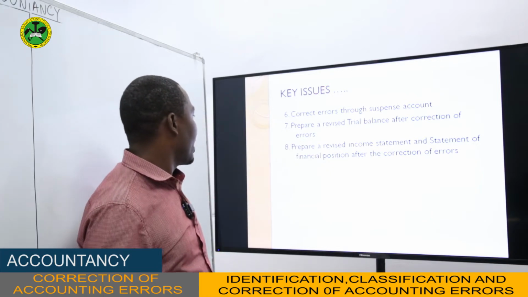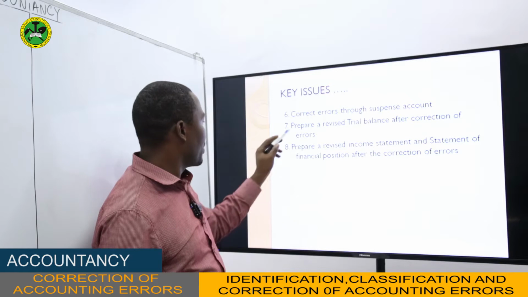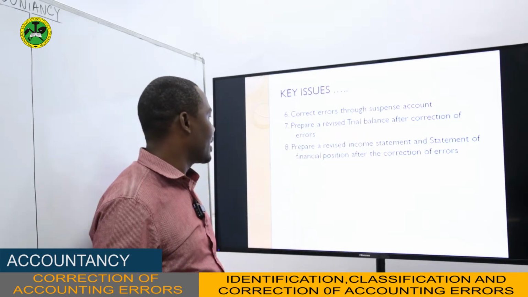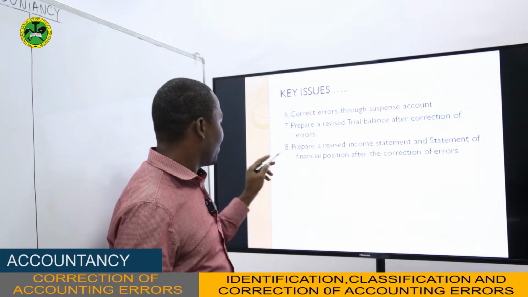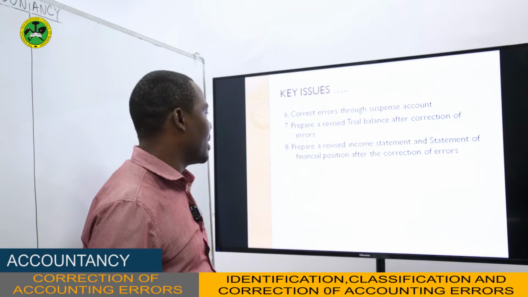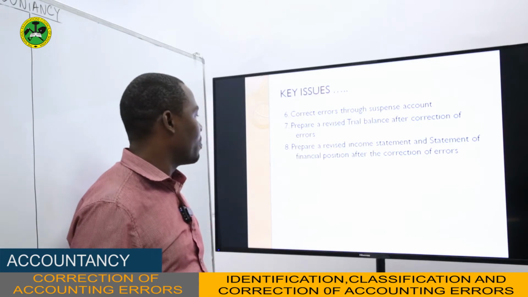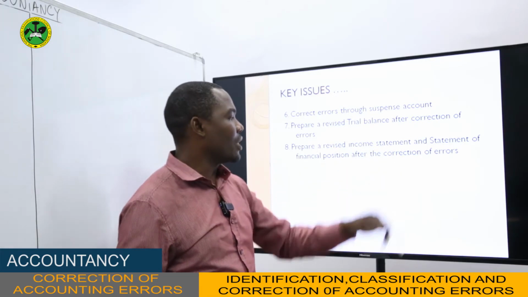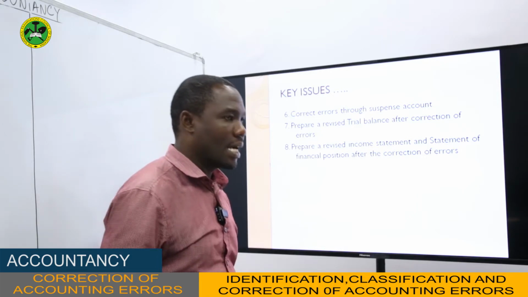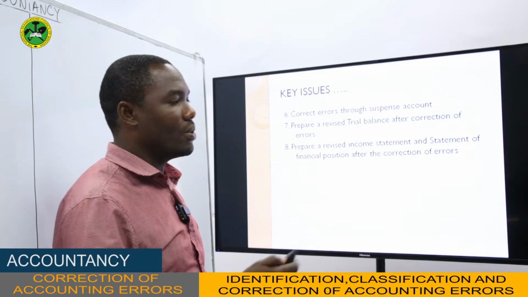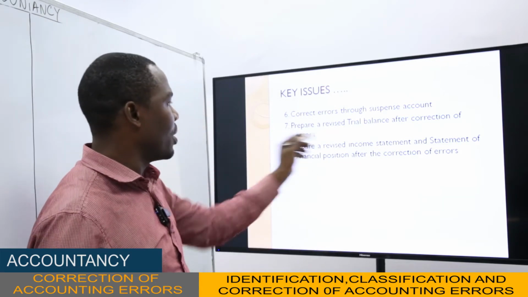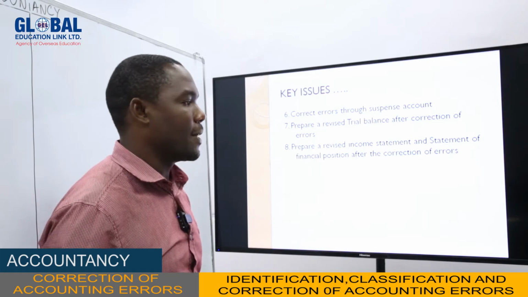You are also expected to be able to prepare a revised trial balance after correction of accounting errors, and finally, to prepare a revised income statement and a statement of financial position after the correction of errors. These are the competencies that you need to have after going through this topic.